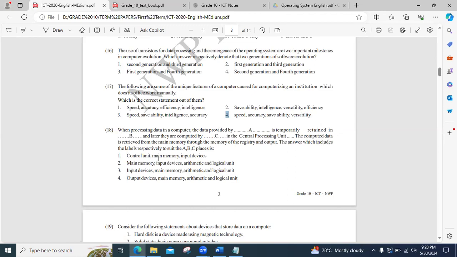The data is temporarily retained in memory, so that is temporary, so definitely RAM, the main memory. And the calculation is done by the ALU, arithmetic and logical unit. So the 18th question answer is 3.